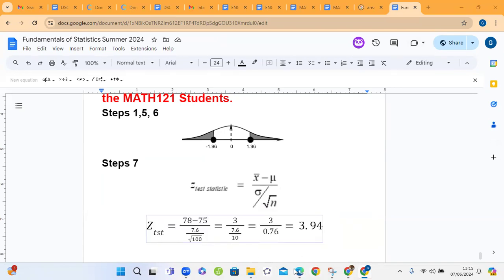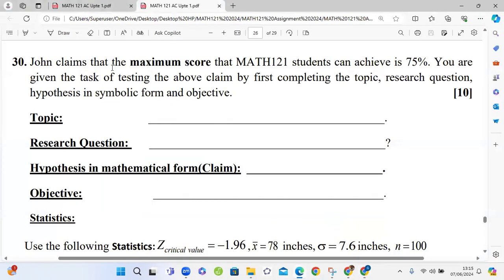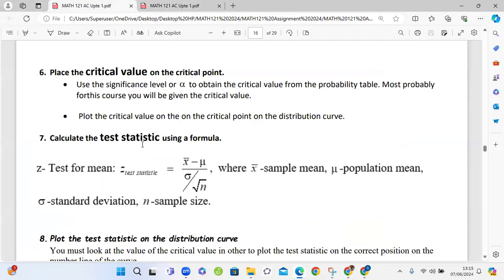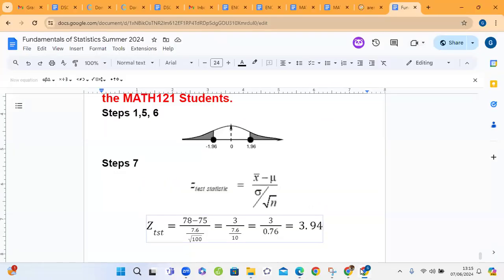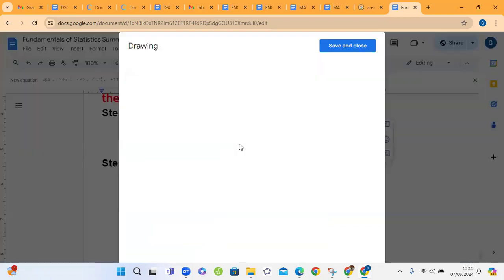So let's go to step number 8. Step number 8 says to plot the test statistic on the distribution curve. You must look at the critical value that is there already in order to plot the test statistic in the correct position on a number line. We see that 1.96 is there, and we have to plot 3.94.